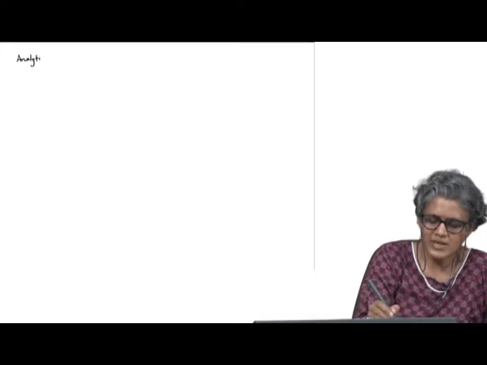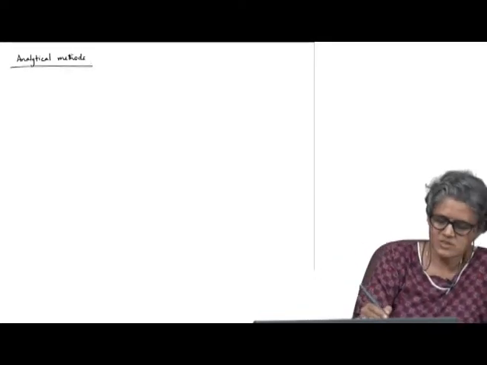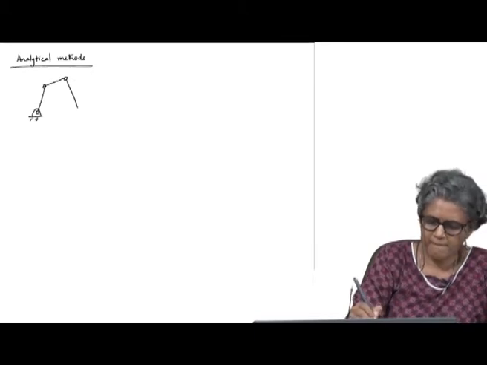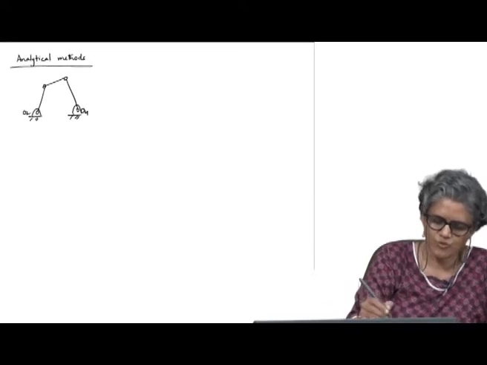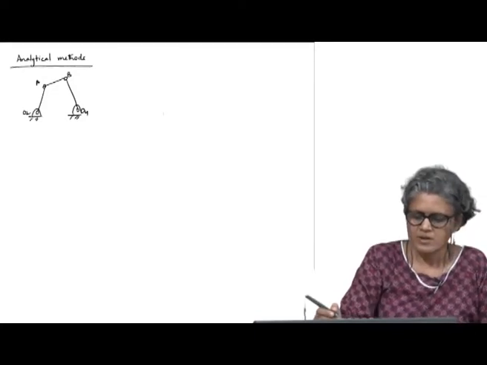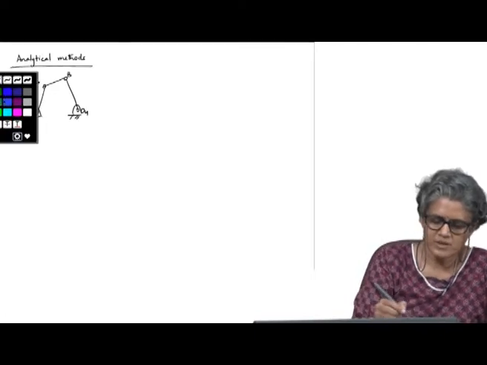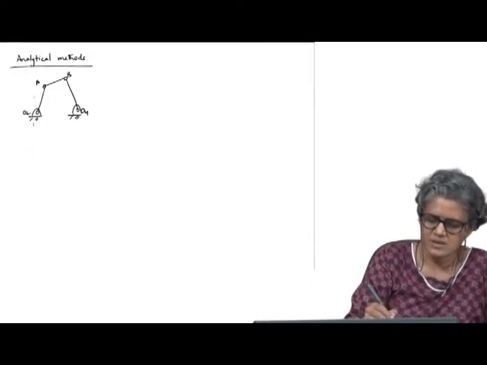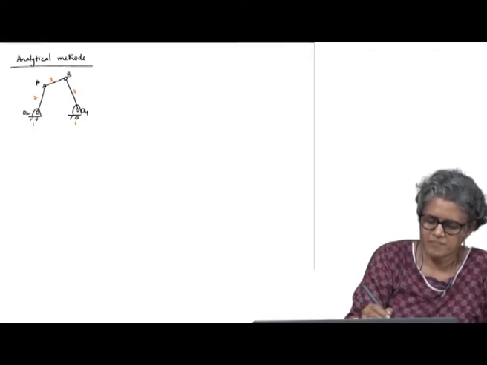Now, the idea is, can we solve this analytically? You have already seen this, I will quickly just go through. So, I have O2, O4, AB. Here, our old friend the 4 bar. So, we do the loop closure.